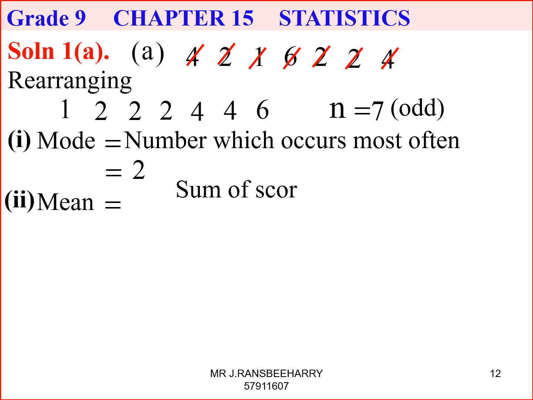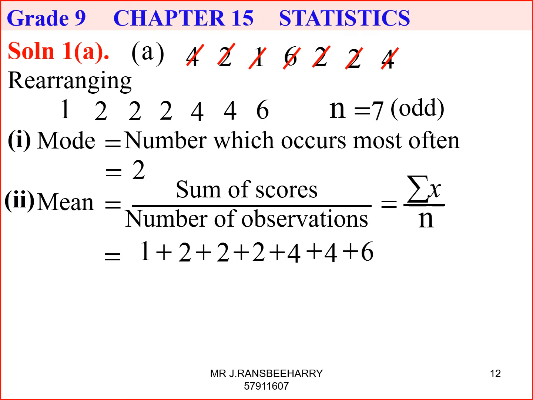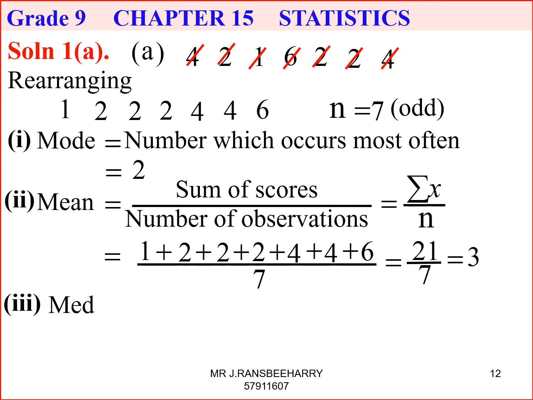Mean is the sum of scores divided by the number of observations. In abbreviated format, this is summation x divided by n. So 1 plus 2 plus 2 plus 2 plus 4 plus 4 plus 6 divided by 7. 21 over 7, we obtain 3. So the mean is 3.